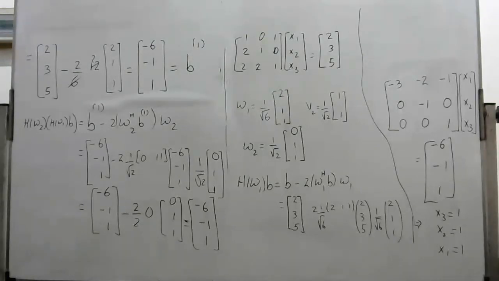Then 1, 1, 1 is the solution. This is how you solve a system of linear equations by using elementary Hermitian matrices.